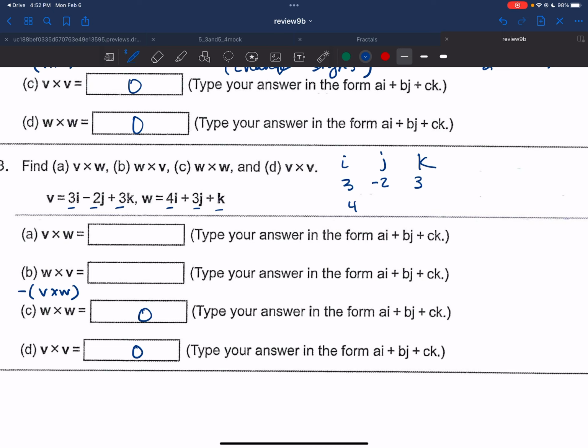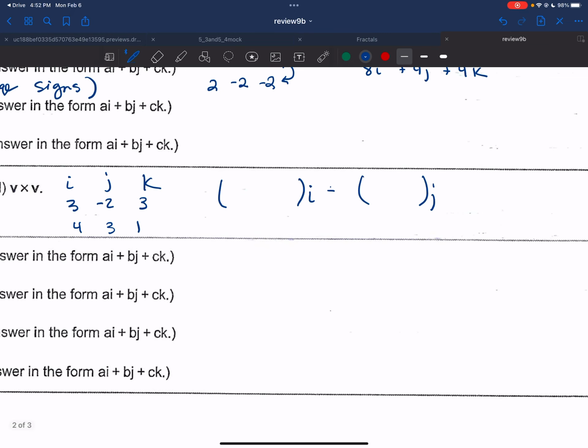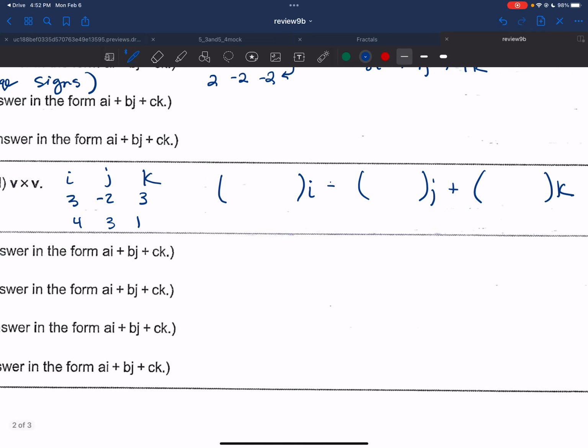And then get all the players here. I, minus j, plus k. And so now I have -2 minus 9. And then for j, I have 3 minus 12. And then for k, I have 9 minus -8.